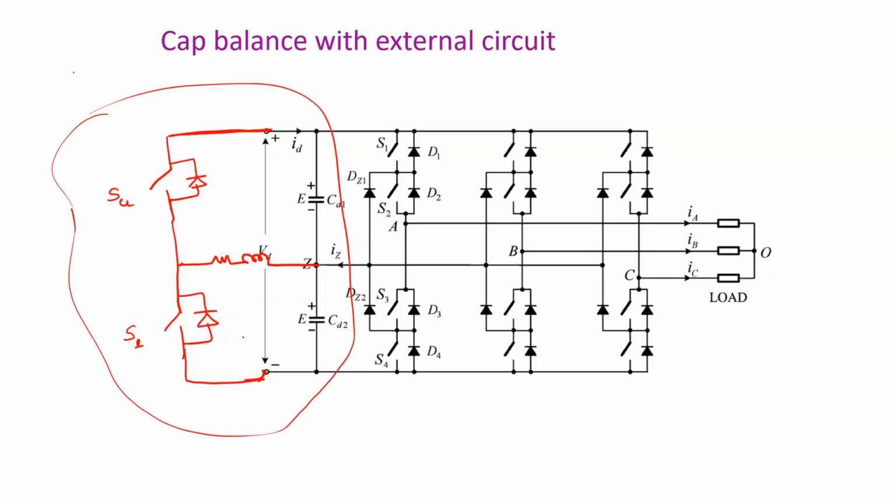So what exactly is this circuit? Is it a 4-quadrant chopper, 2-quadrant chopper, or single quadrant chopper? Of course, it's definitely not a single quadrant, so we have 2-quadrant or 4-quadrant.